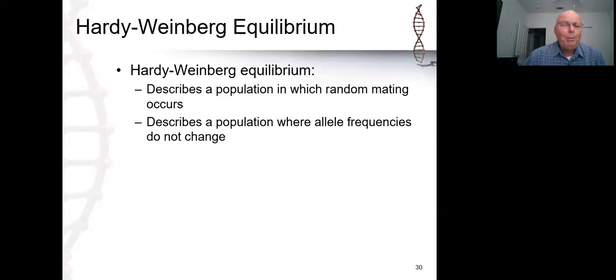And Punnett had read a paper from a German biologist claiming that the only circumstance under which a population would remain static would be if the two alleles were present in a 1-to-1 ratio. In other words, 50% of the alleles were the dominant trait and 50% of the alleles were for the recessive trait.